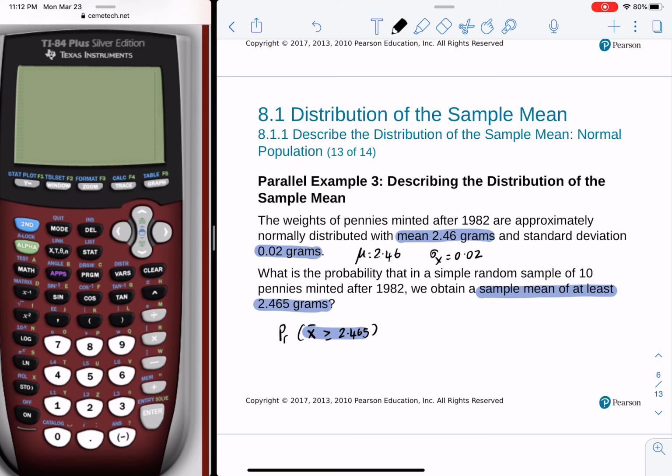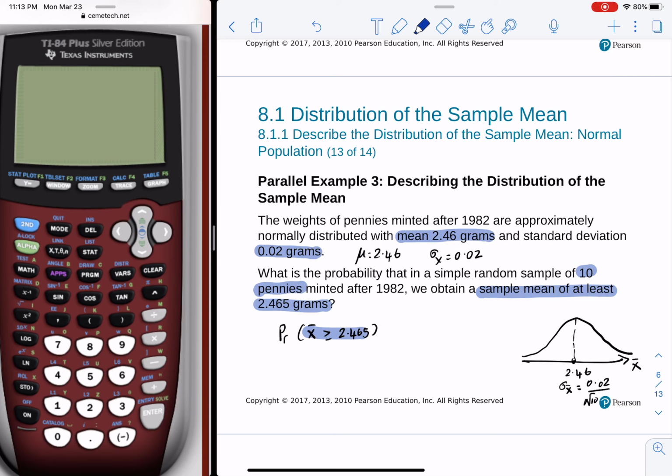So we've got to realize that the mean still has a normal distribution, and its mean will be the same as the original sample, but its standard deviation is no longer 0.02. Rather, it is 0.02 divided by the square root of 10. The reason being we are looking at the average of 10 pennies.